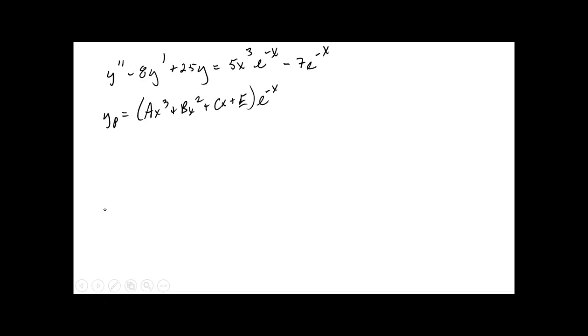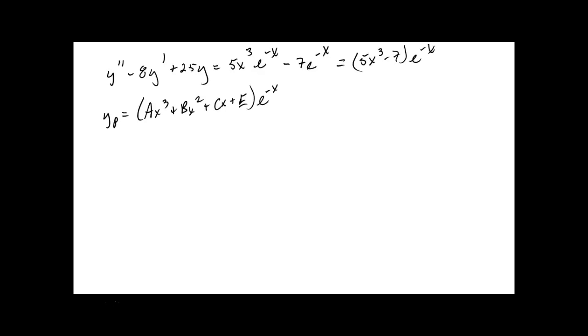Okay, you don't need a separate thing here because you could have written this as 5x cubed minus 7 times e to the minus x. So you only need the polynomial there. I was thinking those were different exponentials, and if they were, then yeah, you need another term. But this one does not have that. These are both e to the minus x. So that's all we need for that one.